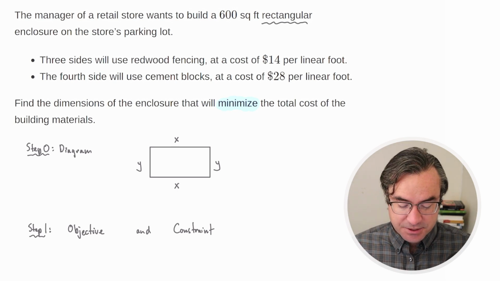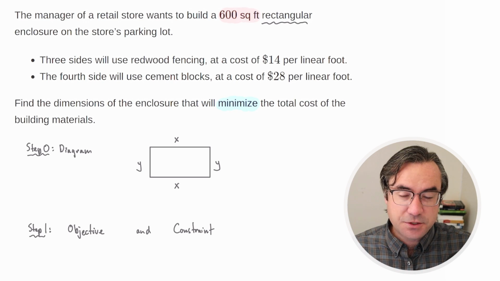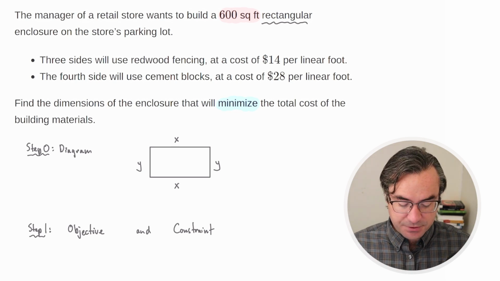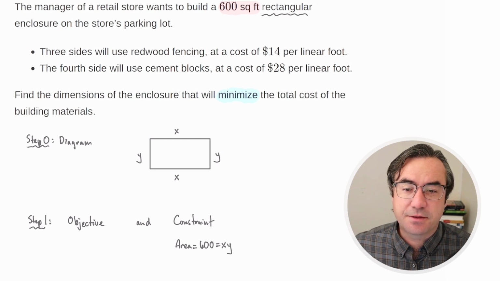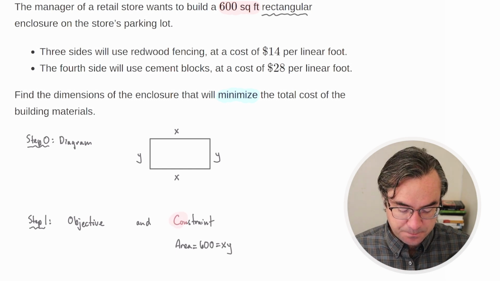And in this case, to find the constraint, to find the area of a rectangle, we multiply the 2 variables. So the area in this case we know is 600, and the area of a rectangle is length times width, so x times y. So that's our constraint.